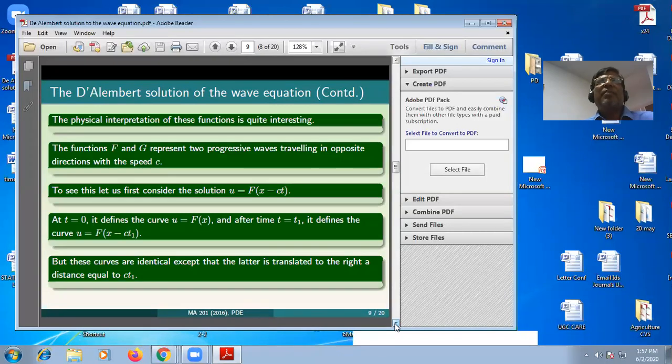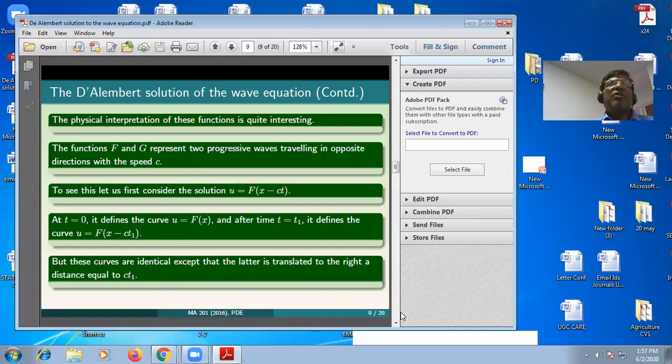The physical interpretation of this function is quite interesting. The functions capital F and capital G represent two progressive waves traveling in opposite directions with the speed c. To see this, let us first consider the solution u is equal to f(x minus ct).